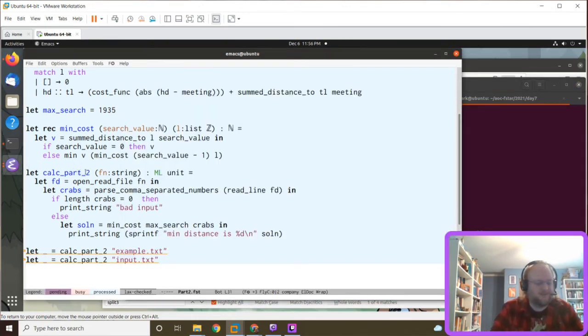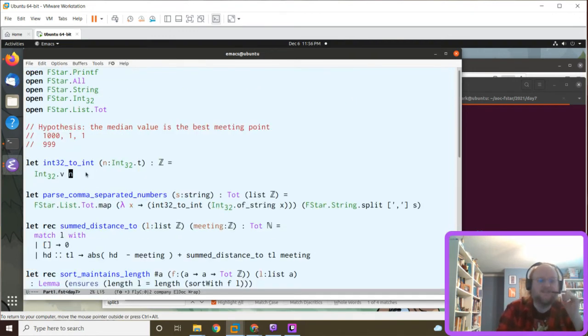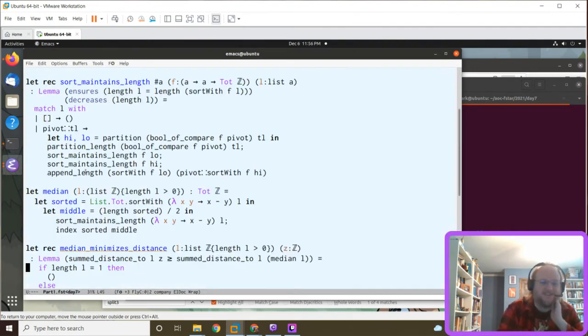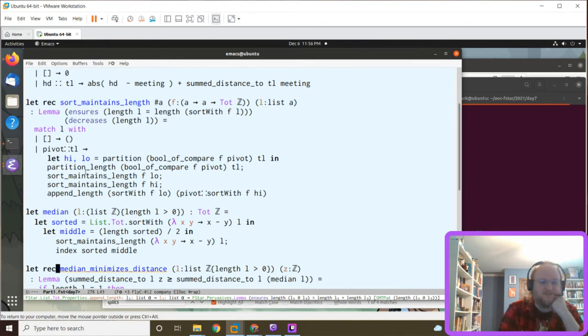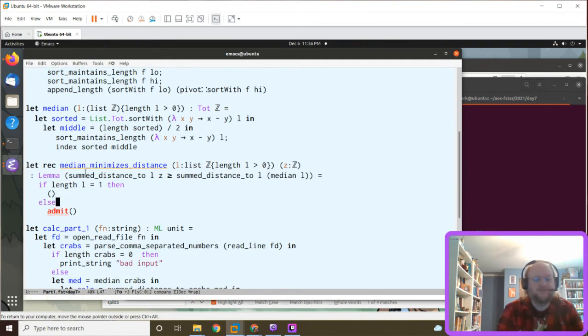I kind of want to go back to part one though, because we actually got something where it'd be nice to have a proof that it was optimal. And it should be feasible. So what was I thinking here?